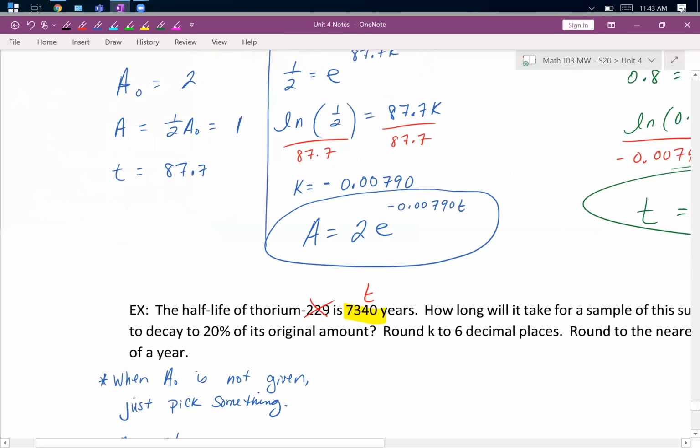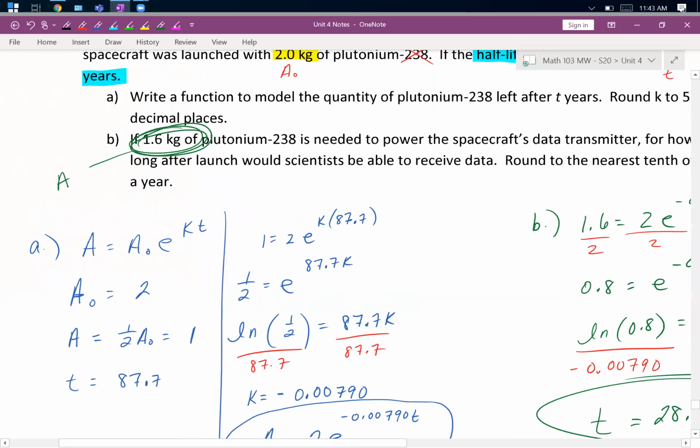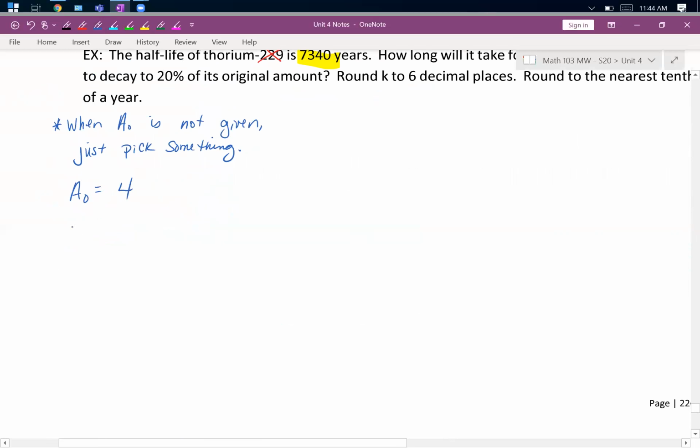Before, in the previous example, they gave us A sub 0 but not A, but we were able to find A because since it's a half-life problem, A is just half of the original amount. So if we're choosing A sub 0 to be 4, that means that A is going to be half of that. A is going to be 2. And we've already established that T is 7,340.